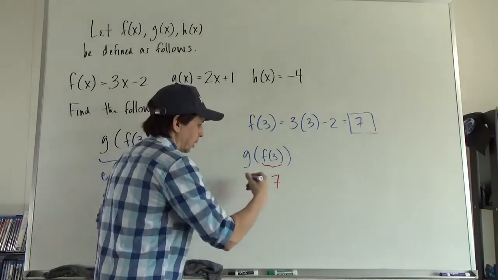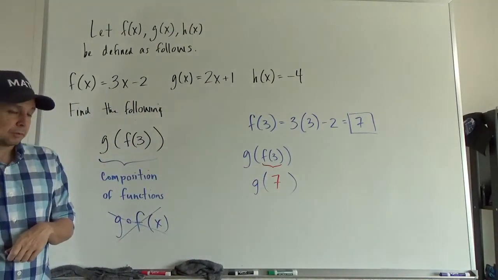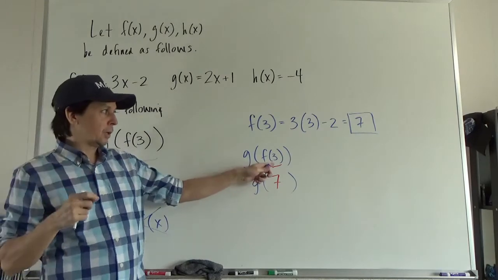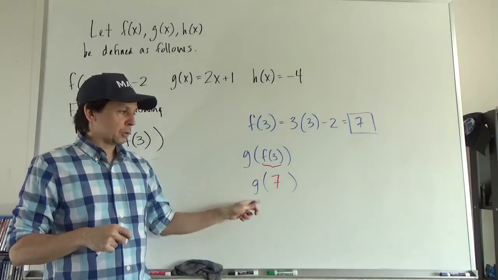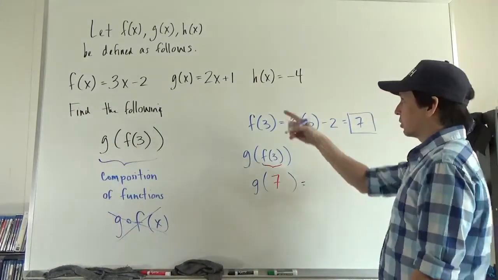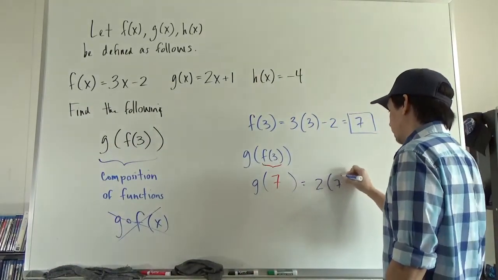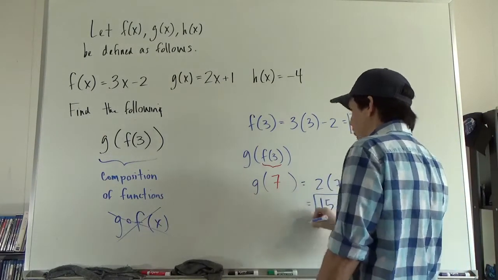We haven't evaluated g, but we're doing g of 7, replacing f of 3 with the actual 7. From there, it's just g of 7, 2 times 7 plus 1, which is 15. So that's composition of functions.